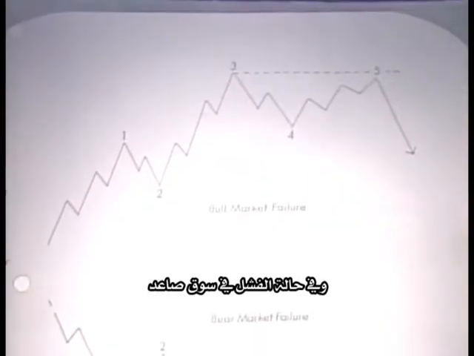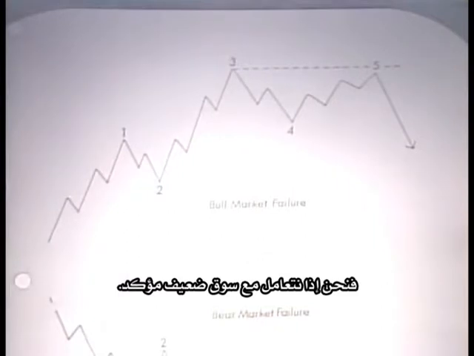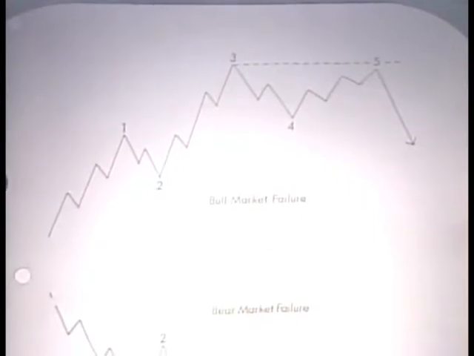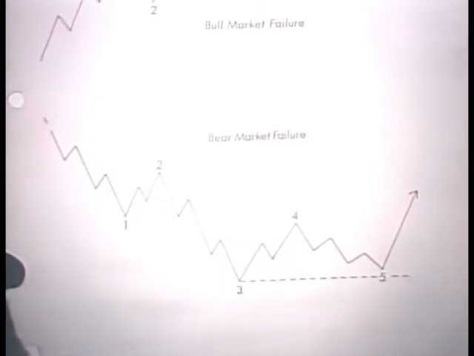In a case of a bull market failure, when wave 5 fails to exceed the peak of wave 3, you're dealing with a market where there is underlying weakness. In a bear market failure, where wave 5, in this case, fails to take out the end of wave 3, you're dealing with a market where there is underlying strength. All right, now what's wrong with this lower picture?